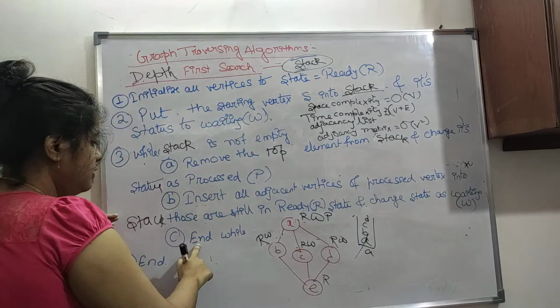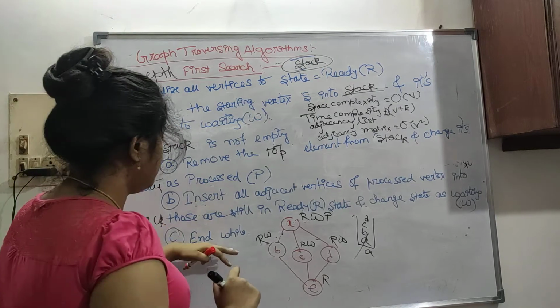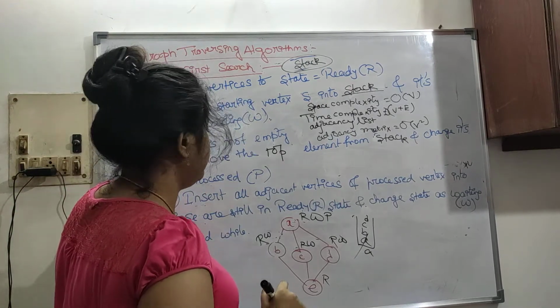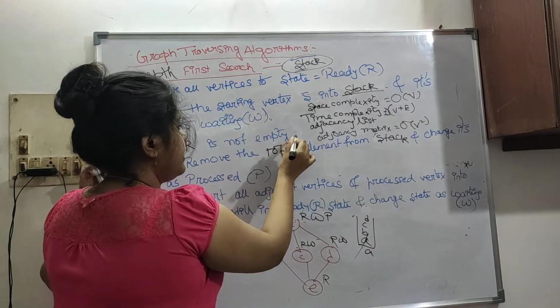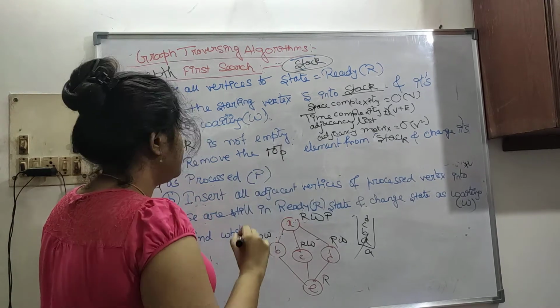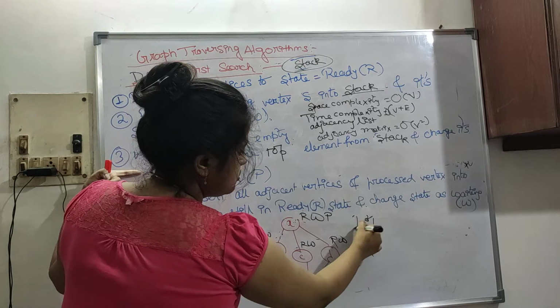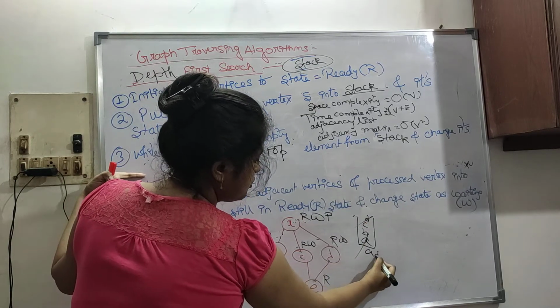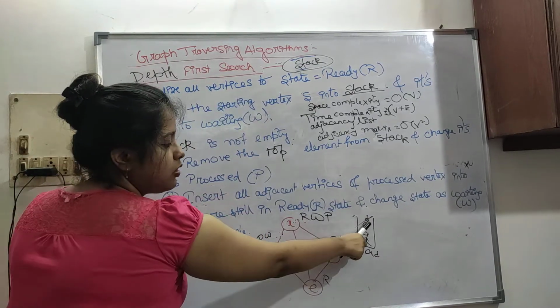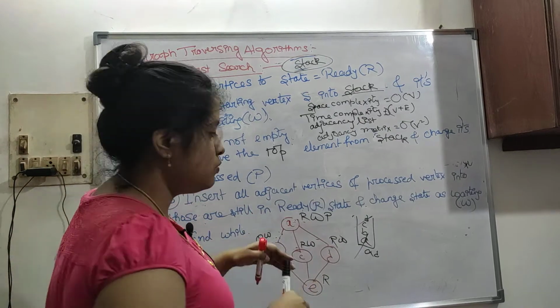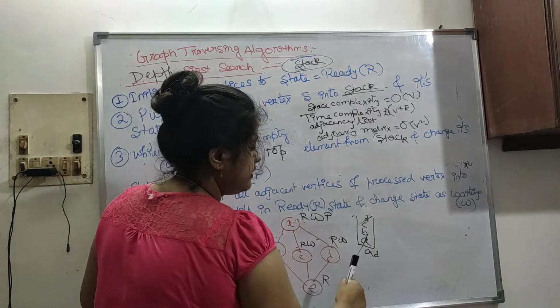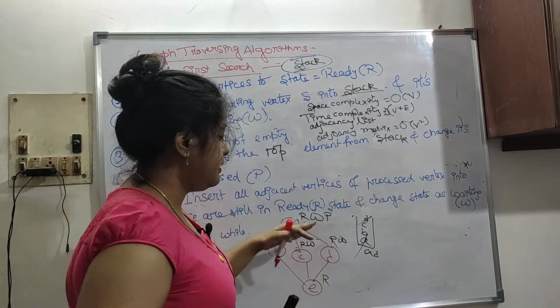Okay, so the while loop is repeated because our stack is not empty. Now remove the top element from the stack. So D is removed from the stack. See, our top element is D. Previously, in the queue, the first element S was deleted, but here our top element will be deleted first.